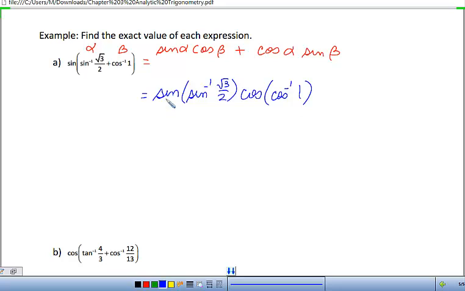So far I've got sine alpha times cosine beta plus cosine of sine inverse of root 3 over 2 times sine of cosine inverse 1.